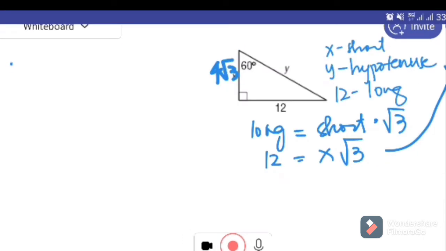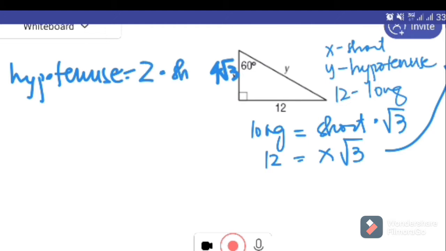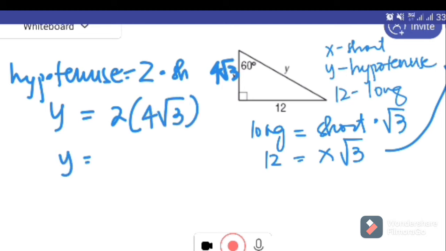The hypotenuse is equal to twice the short leg. So that would mean y is equal to 2 times the shorter leg, which is 4 square root of 3. So y is equal to 2 times 4, 8 square root of 3.